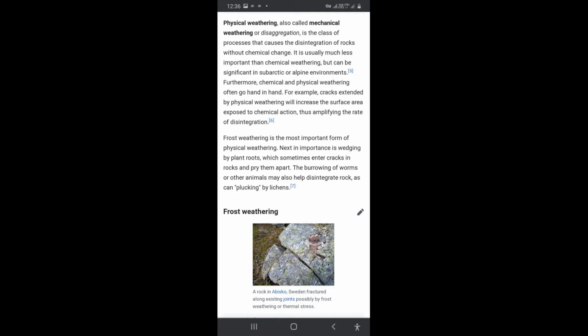You have to understand one more thing, that pure water is not a good solvent. Actually, water which is very pure is not at all a good solvent. And what makes water a good solvent? It is the ionic part or the ionized state of water.